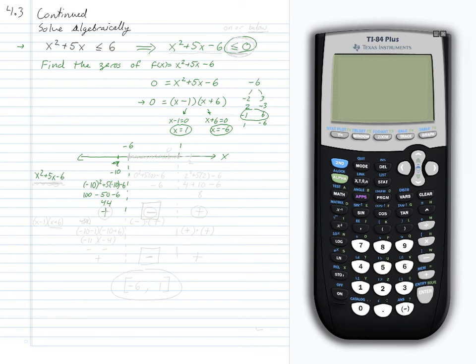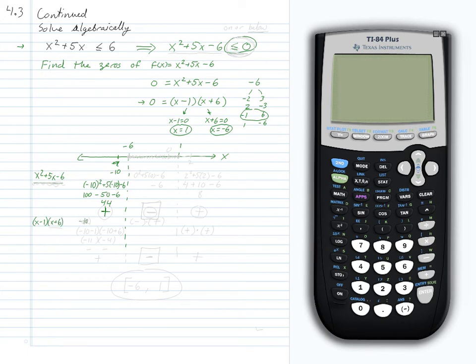So we don't particularly care what the result is. We only care about the sign. Is the result going to be positive or negative? Another way you can check this, if you've already figured out how x squared plus 5x minus 6 factors, is to think of this as the factors x minus 1 and x plus 6, and plug in our test point.